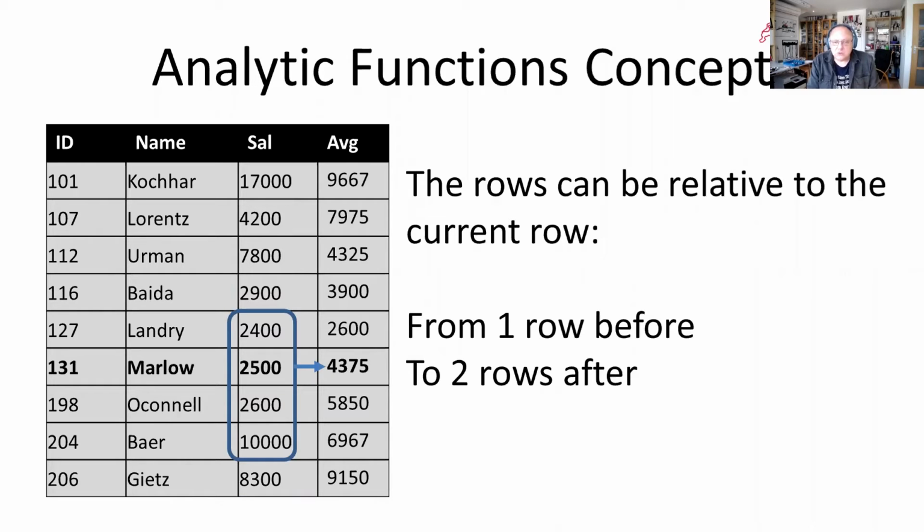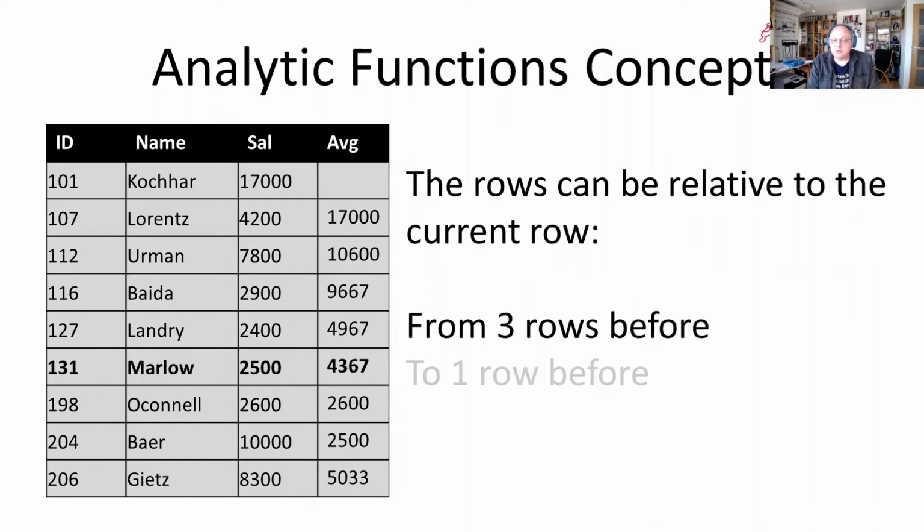In this case, Marlowe's average is calculated based on these 4 rows, and Landry's average is based on another set of 4 rows, namely the one before it, beta, until 2 after it, O'Connell. We can also even say, look at rows that do not include the current row. In this case, we look at rows from the third one before the current row until the row just before the current row. There's a lot of flexibility in determining which rows to take into account for your analytic function.